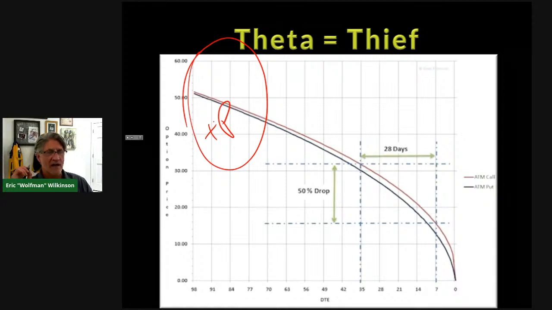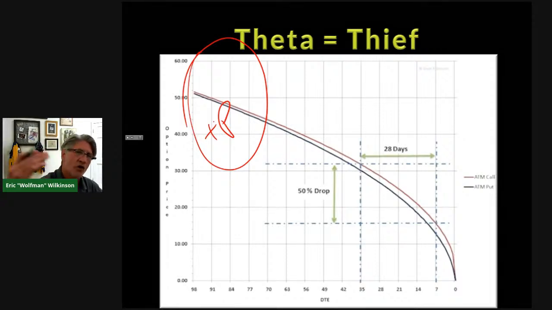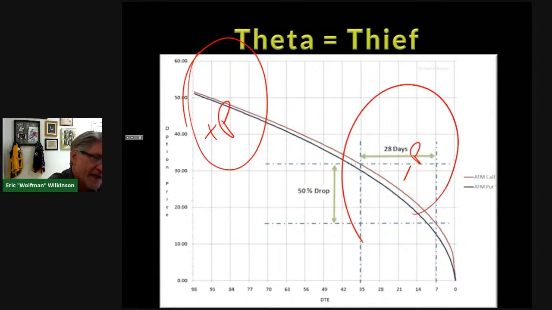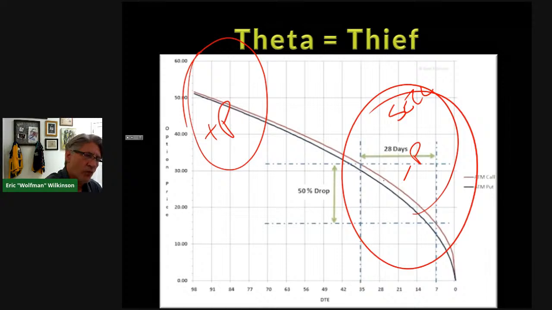The other thing is I want to limit some of my risk here and lower my overall cost basis. So I'm going to try and sell a put inside of this area. This is the sell zone, because this theta decay really ramps up inside of 35 days to expiration. So if I'm selling a put, I want to take advantage of that.